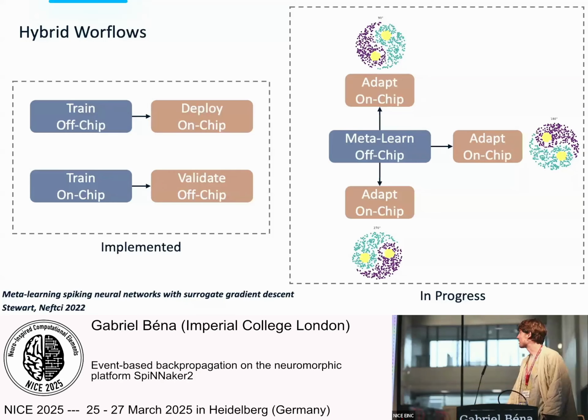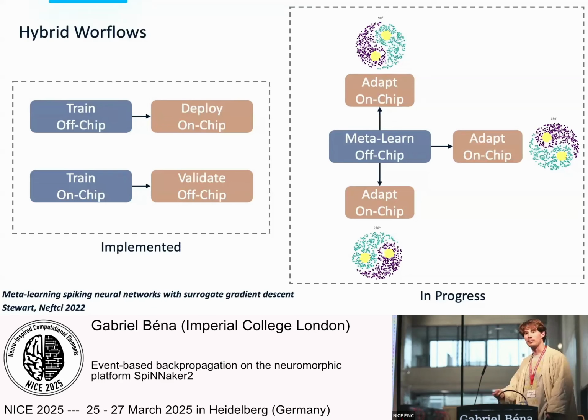And something I'm quite interested in, and I'm realizing now this is an old version of my slides, would be to do something a bit more advanced, where you could do, for example, meta-learning off chip, right? If you imagine that you're going to encounter a new data distribution when deploying on chip, you want your agent or network to be able to adapt.